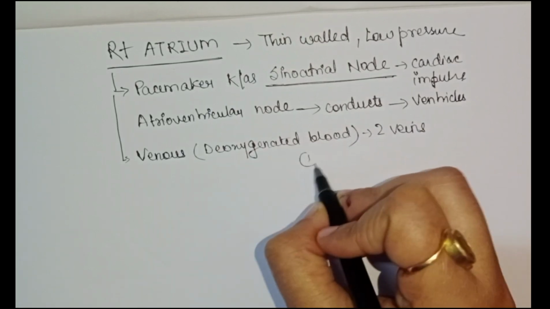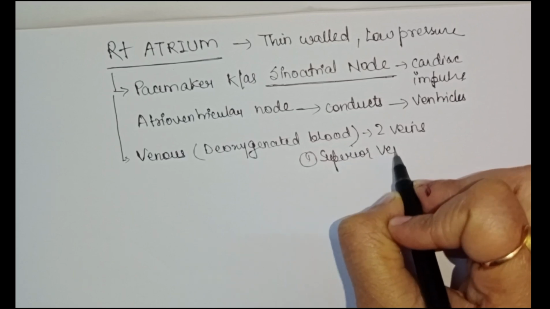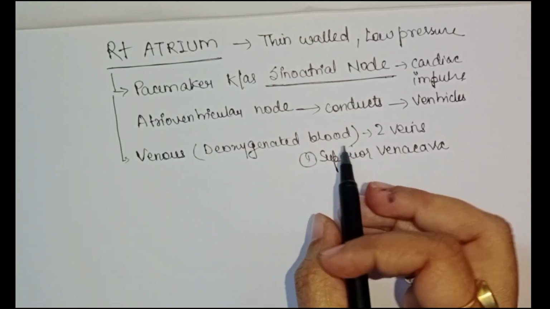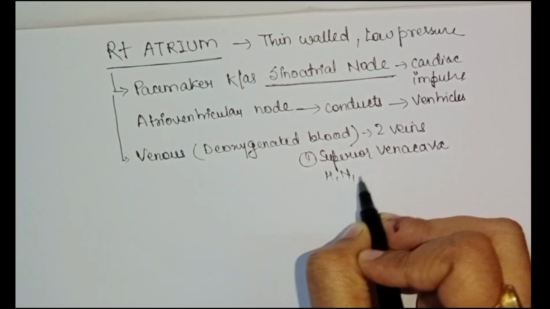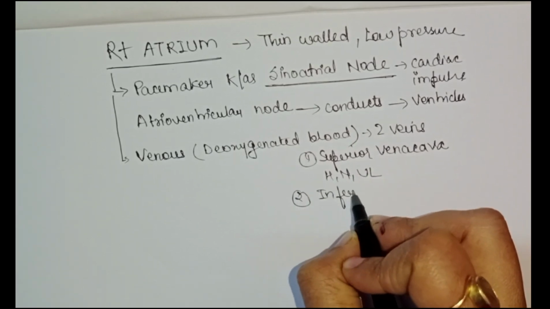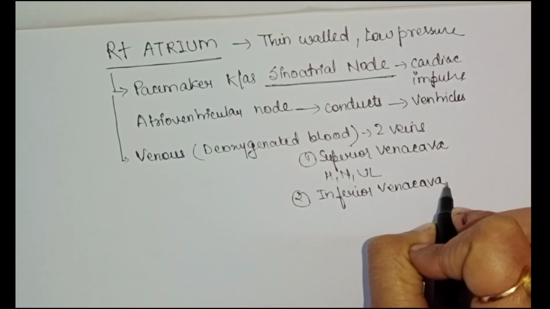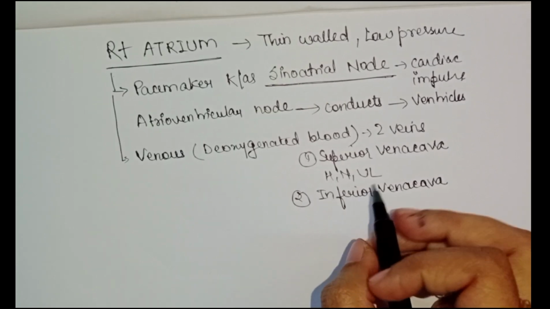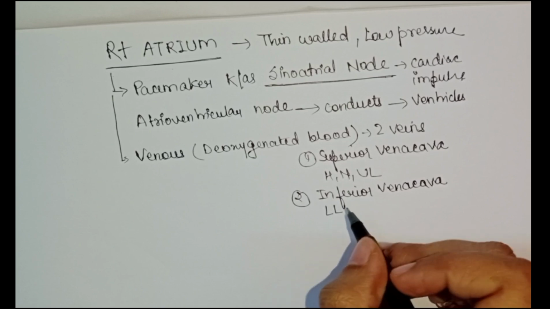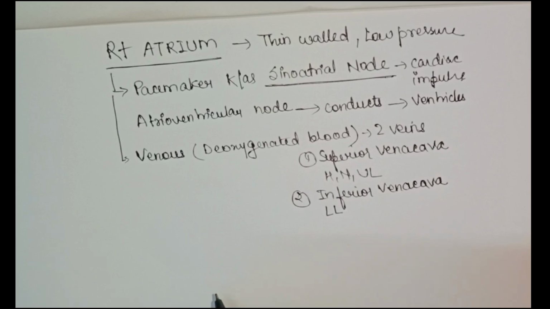That is the superior vena cava, that returns venous blood from the head, neck and upper limb, and second is the inferior vena cava, that returns venous blood from the lower parts of the body, that is the lower limb and the trunk region of the body.